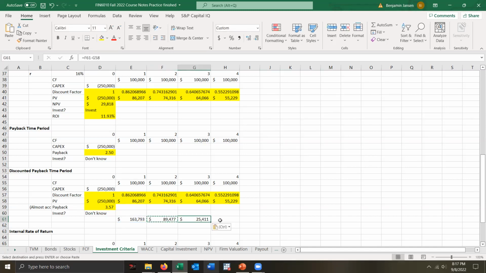At which point do you start recouping? Somewhere between year 3 and 4, you start seeing that you're going to flip over from losing to starting to get money back.